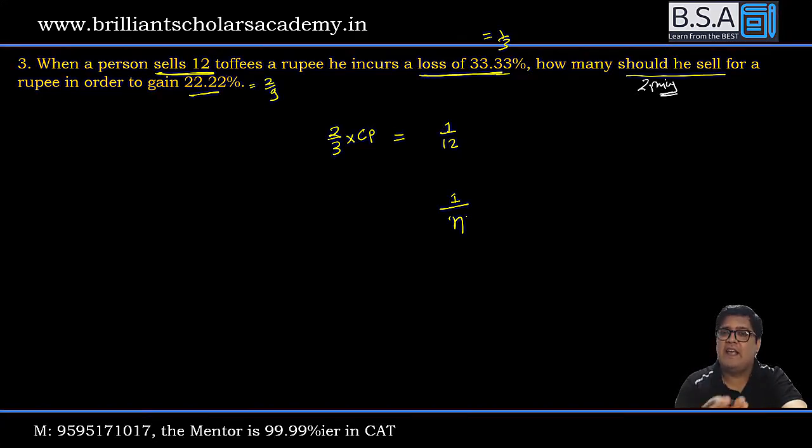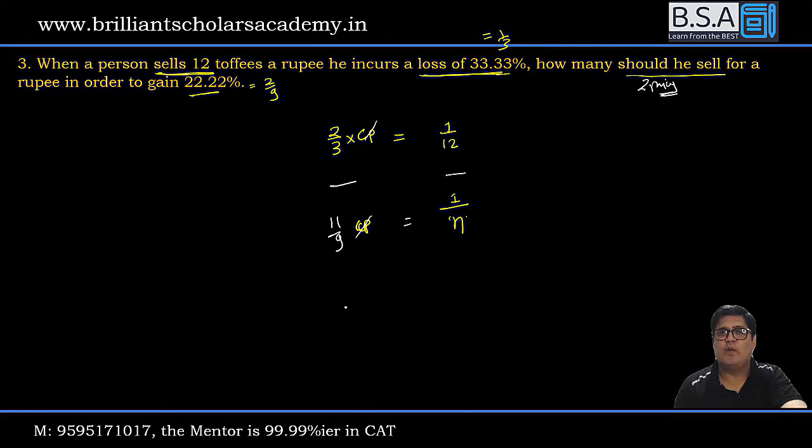Gain, increase means 11 by 9 of CP. So when cost is increased by 11 by 9, it will become the selling price. When you take a ratio of both, do you notice CP is cancelled?